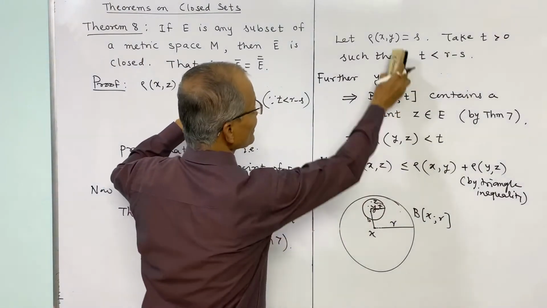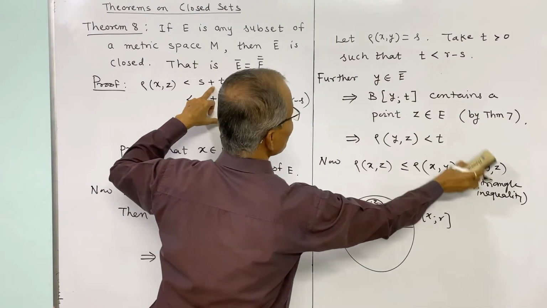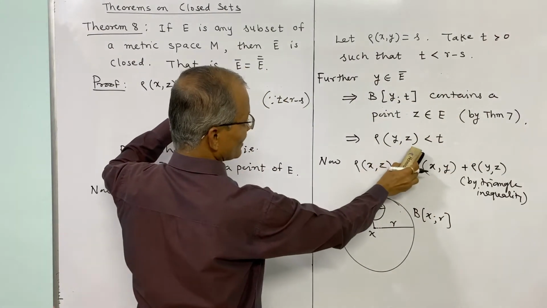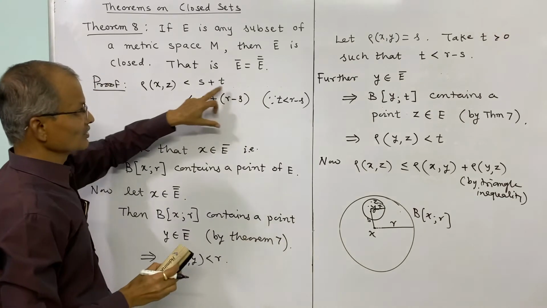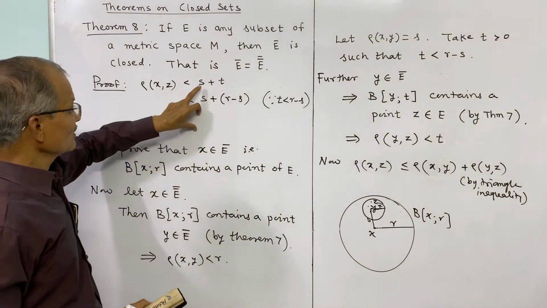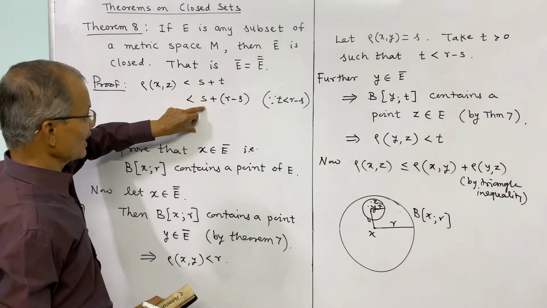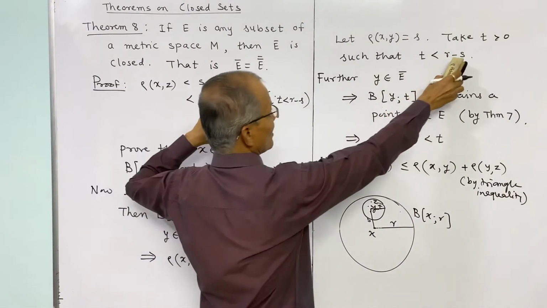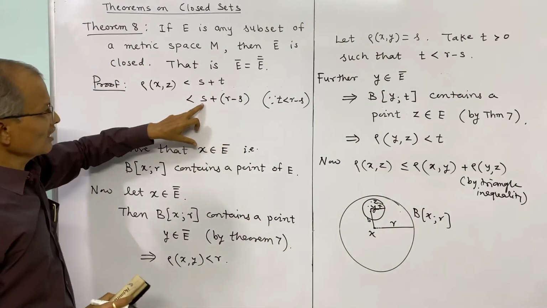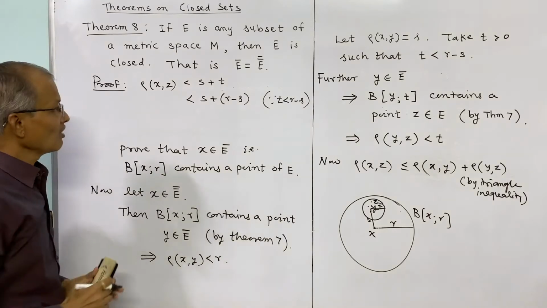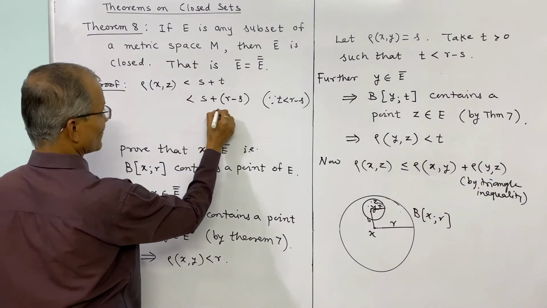Rho of X and Y is S, and rho of Y and Z is less than T. So this is less than S plus T, and T is less than R minus S. Now here S cancels and R remains, so this is equal to R.